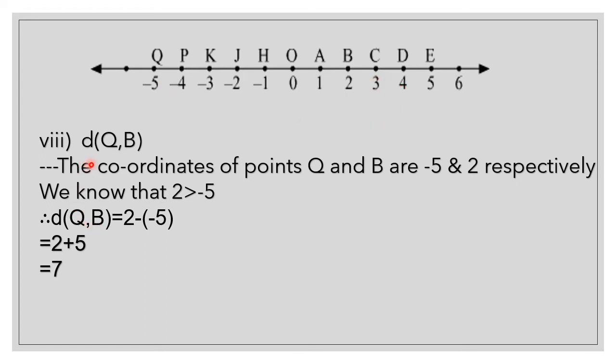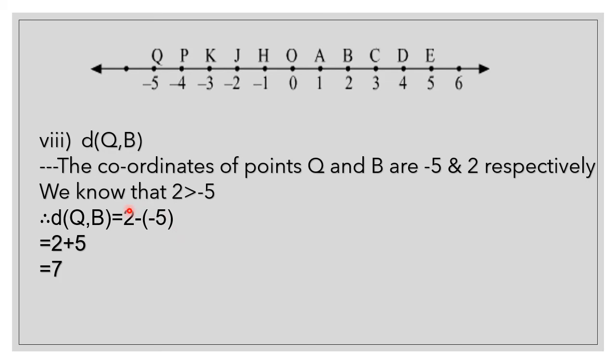Hence, distance between the point Q and B is equal to this 2 minus minus 5. So in the next step what you will write? Distance between the point Q and B is equal to this 2 plus 5, that will give us 7. Hence the distance between the point Q and B is 7.